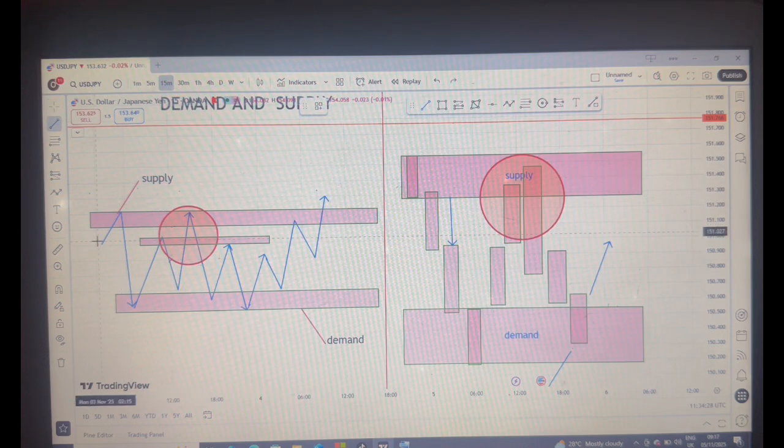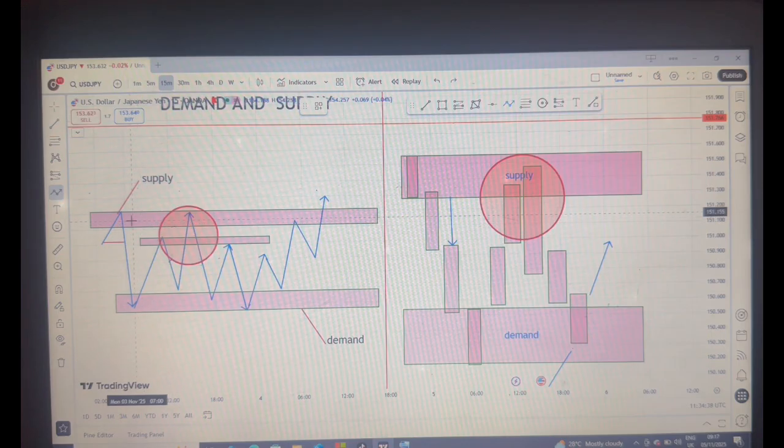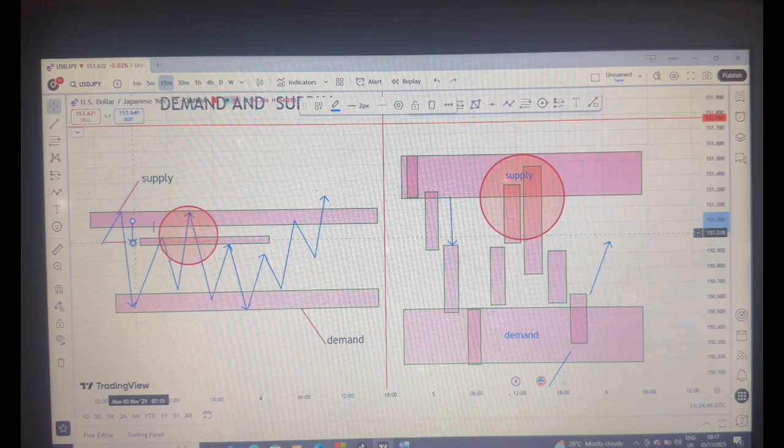It must lead to a break of structure, as you can see, and it must have imbalance around this point. It must have imbalance around this point, and it must lead to a break of structure also, which is here.